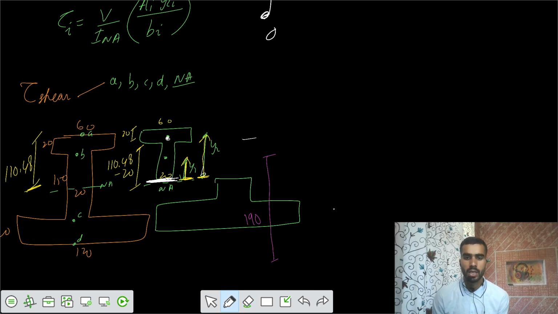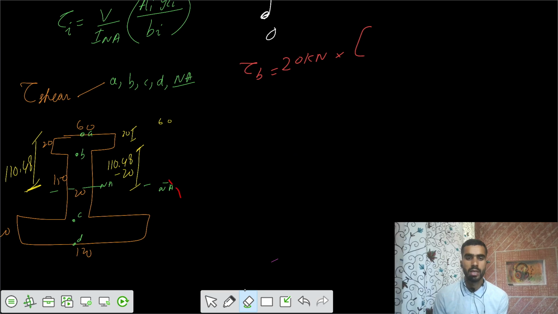So shear stress for B equals shear force of 20 kilonewton into the area you can take for point B. Either you can take the area below or the area above. Area above is easy.